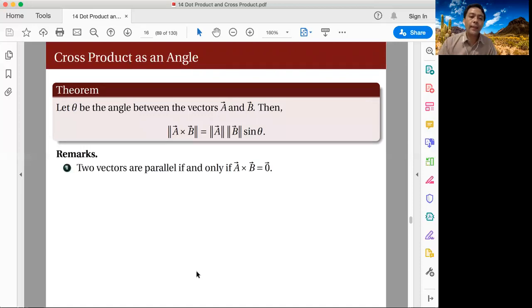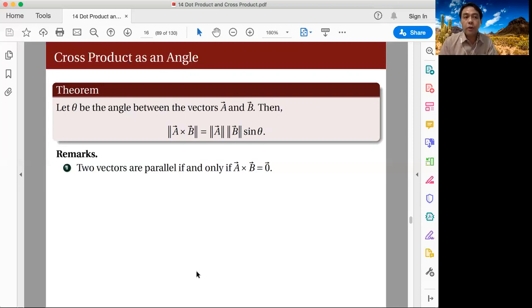Take note that if sine theta is 0, which happens when theta is 0, then the two vectors are parallel because the angle between them is 0. So they are parallel, and that makes the right side 0. So the magnitude of the cross product of A and B is equal to 0. And we have a property for magnitudes.